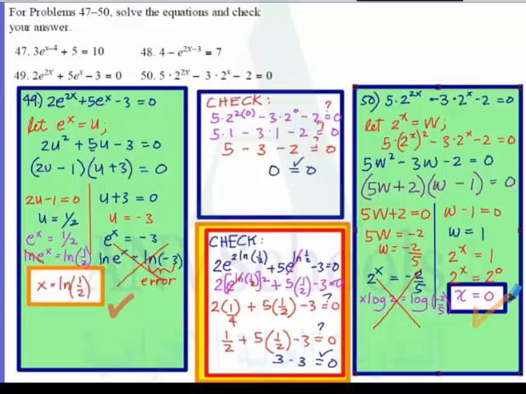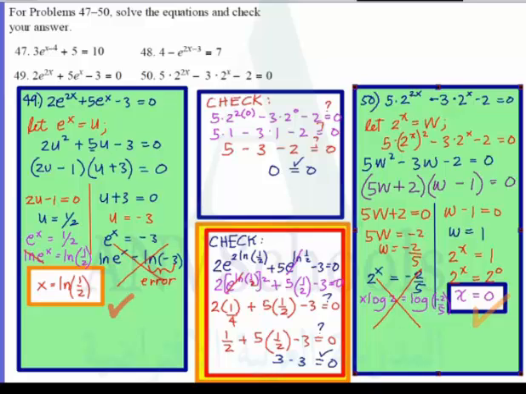Okay? So that's the end for the problems and problem sets of the properties of logarithm and definitions of logarithm and the change of base property also.